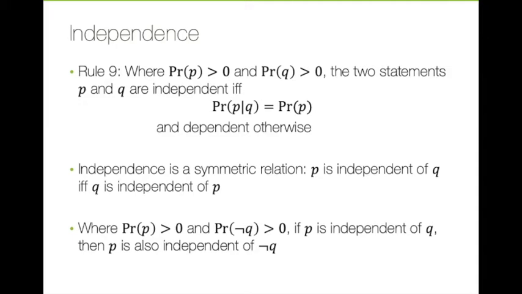It's also important to know that if P is independent of Q, there is no relation between the truth of P and the truth of Q, and that should apply to the probability that Q is false as well. So when the probabilities of P and not Q are non-zero, the probability that P is true should also be independent of the probability that not Q is true. If P is independent of Q, P is also independent of not Q.